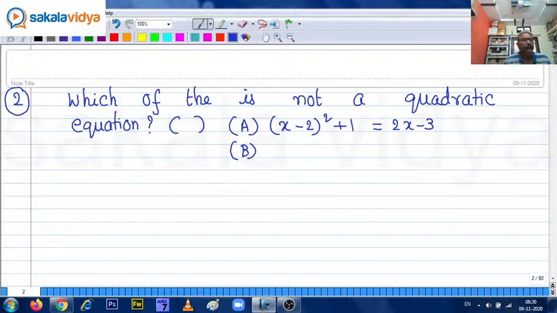Option B, x times x plus 1 plus 8 equals x plus 2 multiplied by x minus 3.